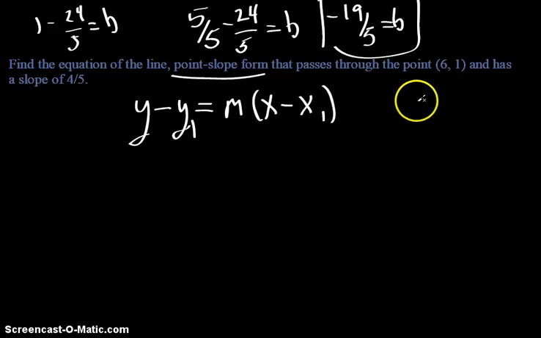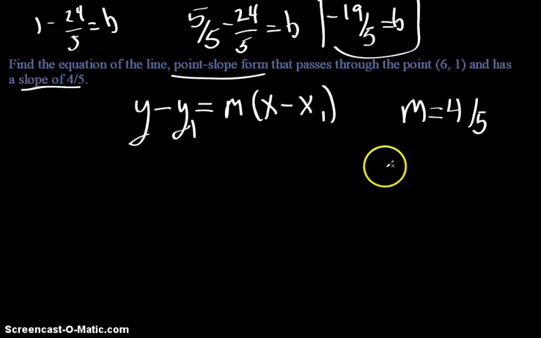So if I look for my given information, my slope here again is 4/5. So I'm going to write that down. My m is equal to 4/5. And I have a point now of 6, 1.